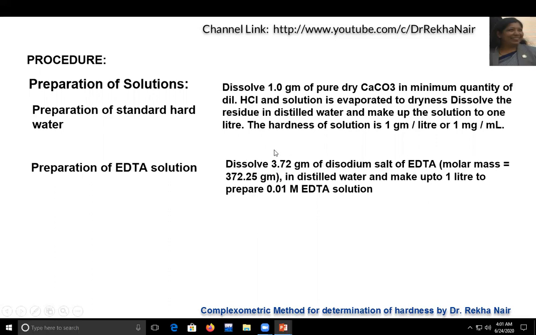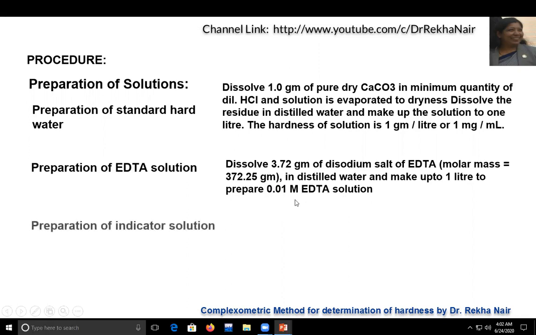So this 3.72 gram is dissolved to get 0.01 M EDTA solution. The gram molecular weight is about 372. If we want to get a 1 molar solution, we have to dissolve 372 gram in 1 liter. We need 0.01 M EDTA solution, so we are dissolving 3.72 gram of the disodium salt of EDTA to get 0.01 M EDTA.